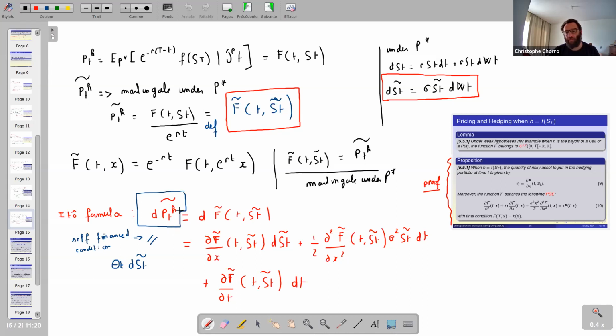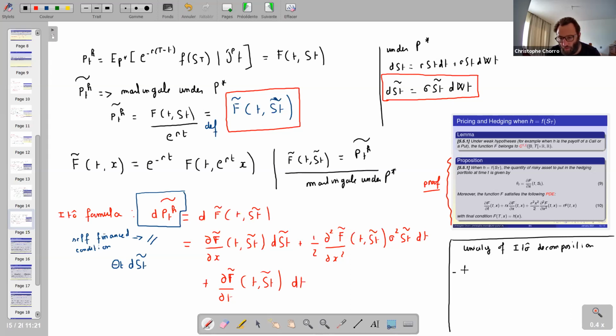And so by the unicity of the Ito decomposition, I can deduce two things. So here I see that I don't have a part in dt. If I don't have a part in dt, it means that the part in dt is equal to 0.